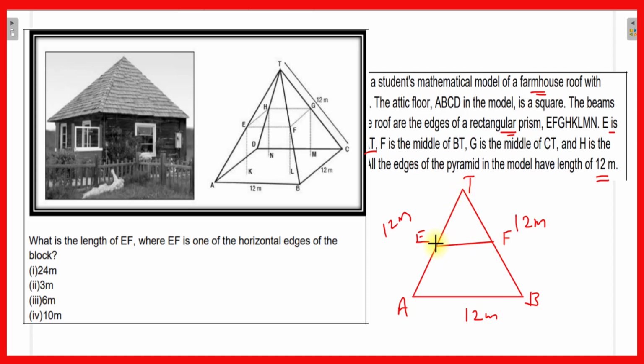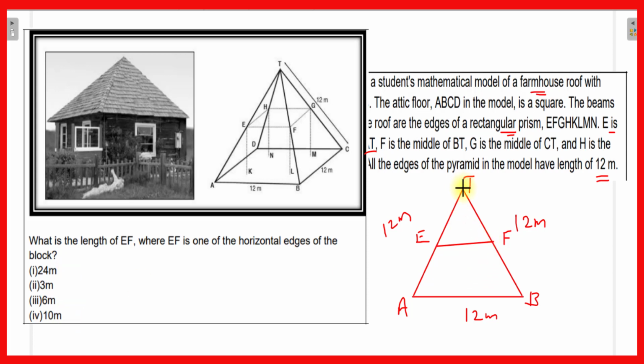Then here you can easily show that TEF and TAB are similar triangles because EF and AB are parallel, and the angle at T is common. But you don't need to prove it, you just need to find the correct answer.